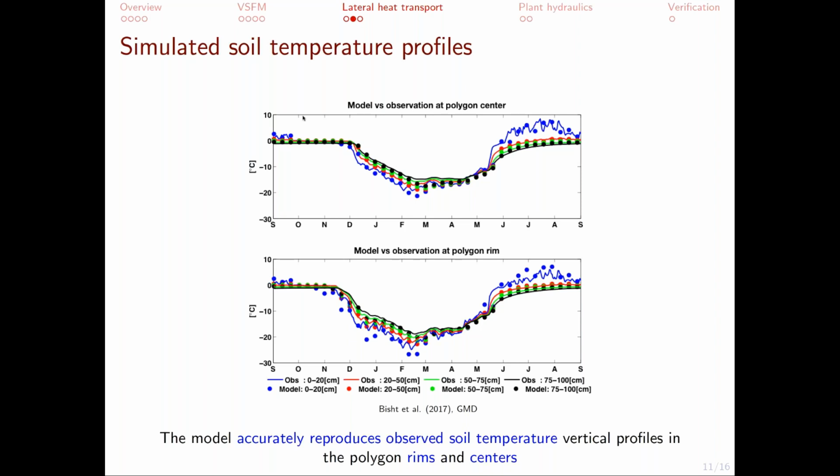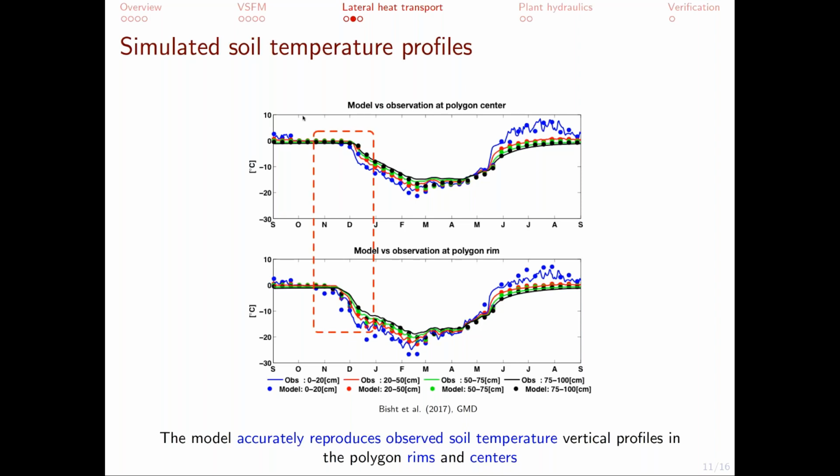The centers have a deeper snowpack during the winter, while the rims have a shallower snowpack. Different colors are for different depths. The solid lines are for the observations, while the circles are for the model. As you can see from both panels, the model was able to accurately produce the soil temperature.